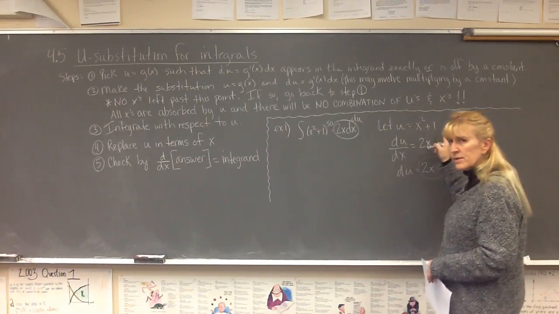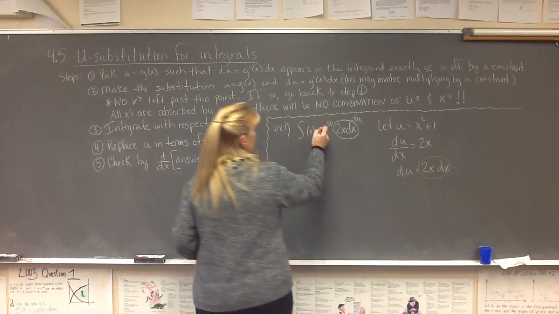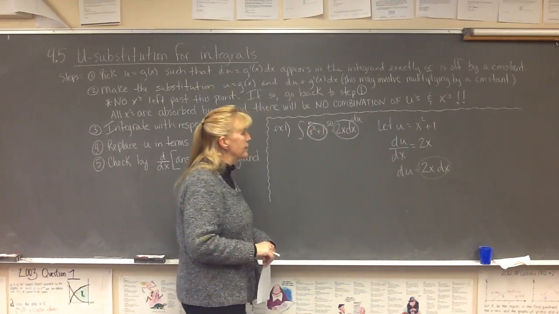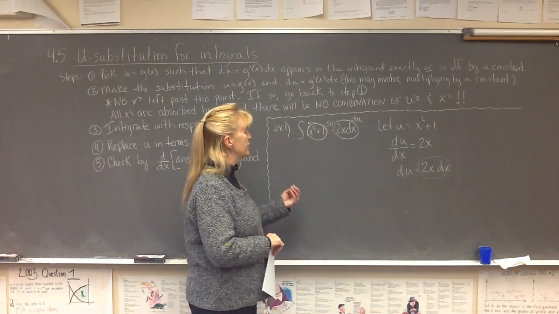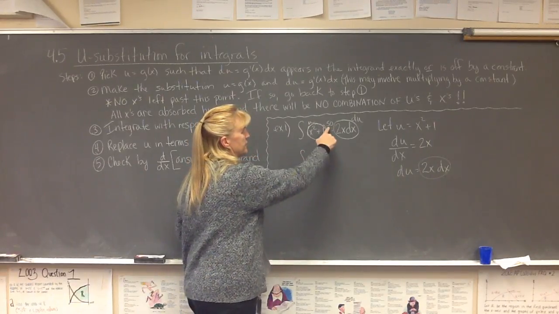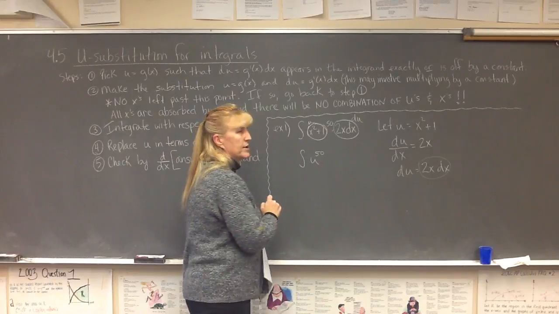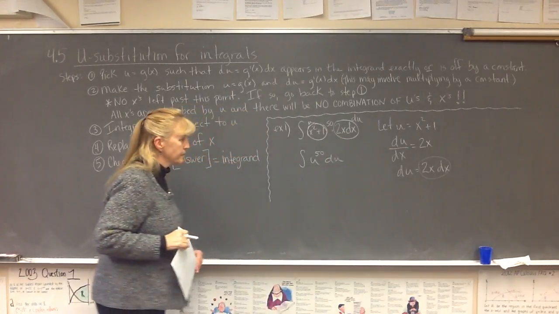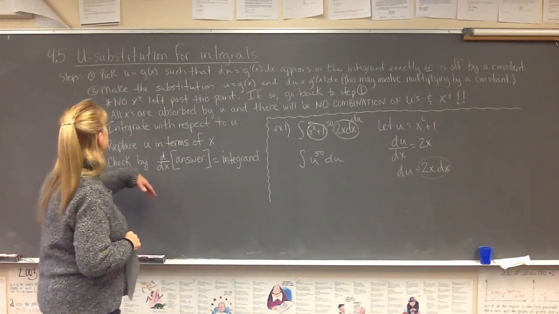My u was x squared plus 1. So over here, where x squared plus 1 is, I'm going to put u. And now I'm going to be able to rewrite this all in terms of u. This is going to end up being the integral of u to the, that's still an exponent, 50, and then plain old du.